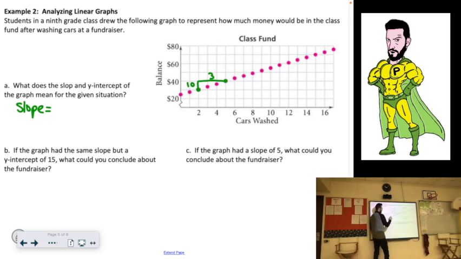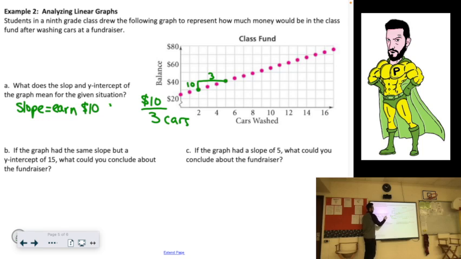So it increased $10, and the cars went over by 3. So what that means, that 10 over 3, is that we earn $10 for every 3 cars.